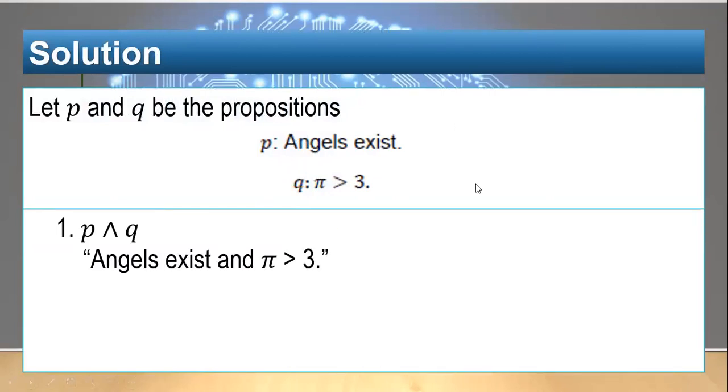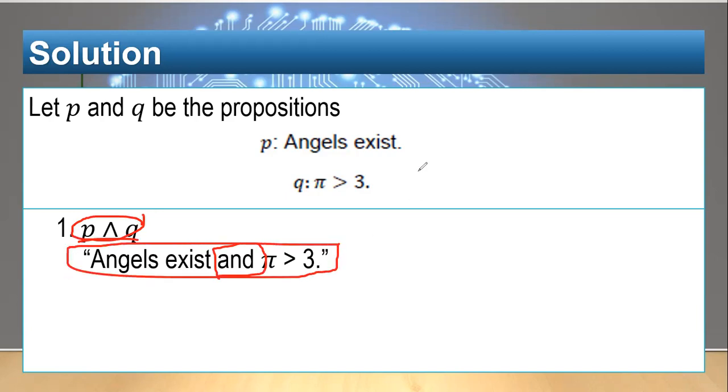Yan. So pinagsama lang ng and. So P and Q: angels exist and pi is greater than 3. So itong symbol pala na to, ito ang ibig sabihin kapag kinonvert or tinranslate sa sentence.